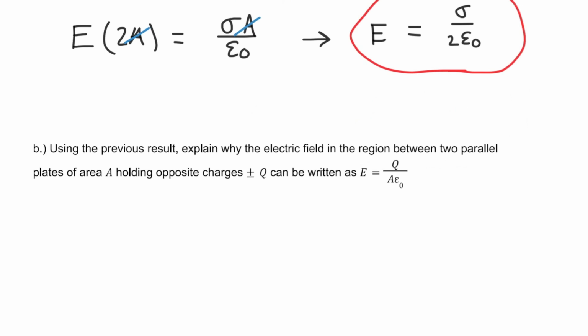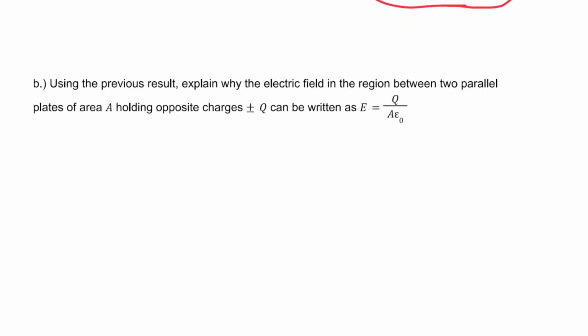So now we're going to look at the field from two parallel plates, which is of course very important to us with capacitors. So if I have a positive plate and a negative plate, we're interested in the field between the two regions. So if I'm between the two regions, the positive plate would try to repel towards the negative plate. And if I was between the two plates, the negative plate would attempt to attract.